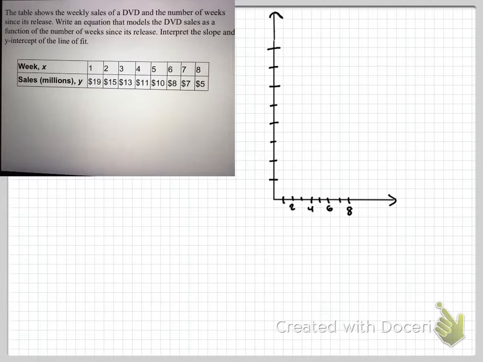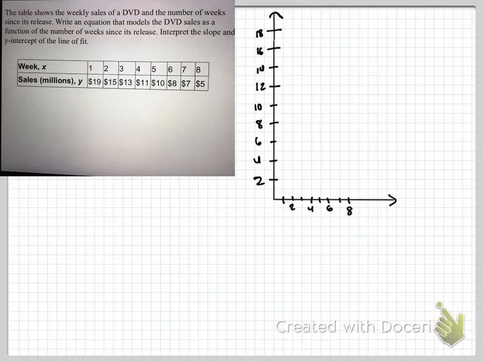I got enough to actually do this. So I'm going 2, 4, 6, 8, 10, 12, 14, 16, 18, and then I have 19 is right up there. Okay?